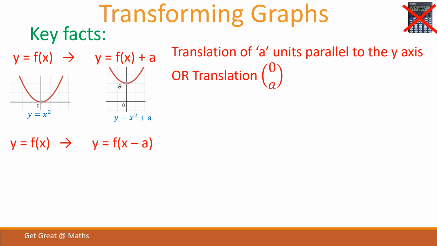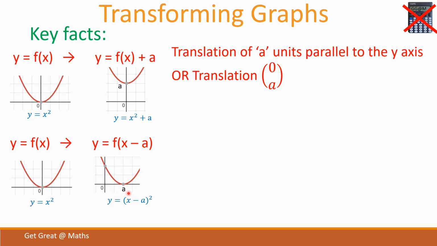We could do a similar thing in the x-axis, so y equals f of x goes to y equals f of (x minus a) in brackets. This time if I start off with the equation y equals x squared, putting it in brackets gives me y equals (x minus a) all squared. If you put this bracket equal to 0 and solve, you get x equals a.